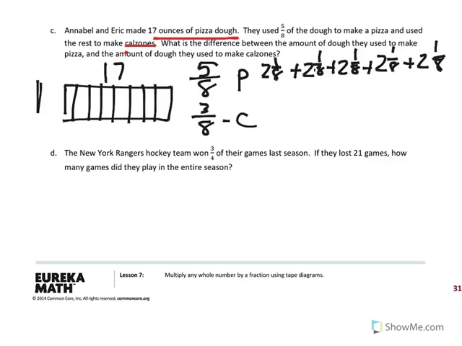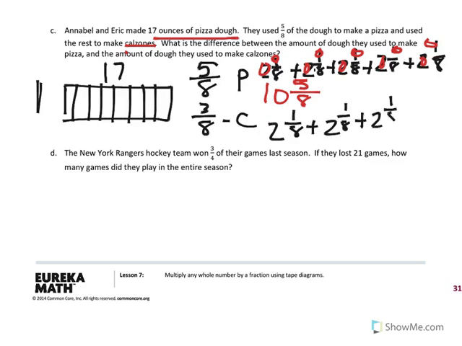So that's 2, 4, 6, 8, 10. 1, 2, 3, 4, 5. So that's 10 5/8. And for the calzones, it would be 2 1/8 plus 2 1/8 plus 2 1/8, which is 2, 4, 6, and 1, 2, 3.